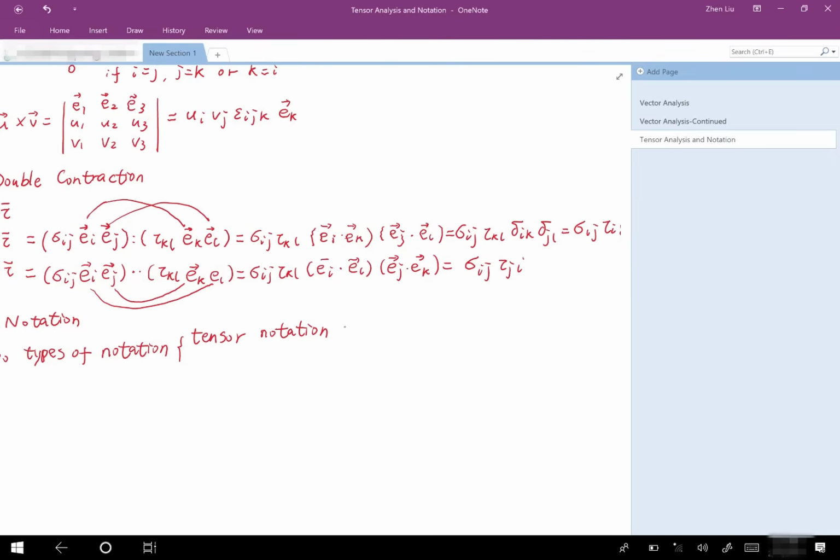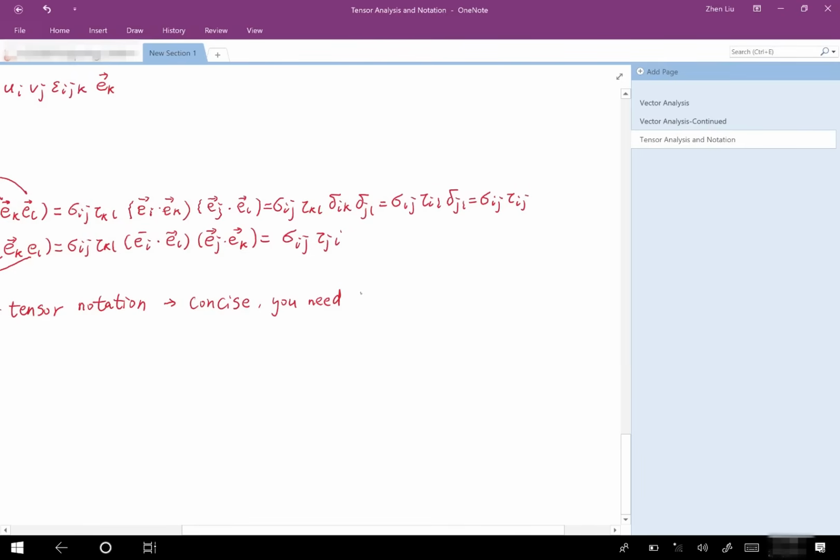So for this one, it's very concise, but you need to know the meaning of symbols.